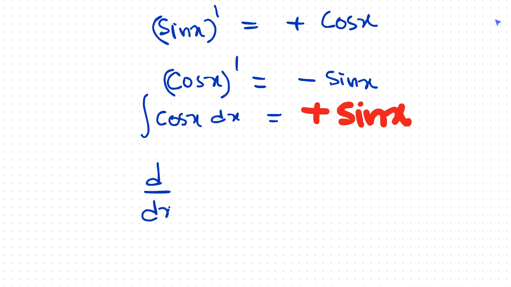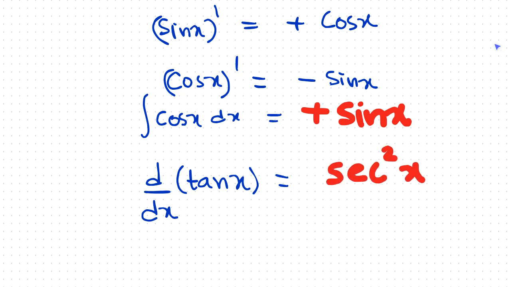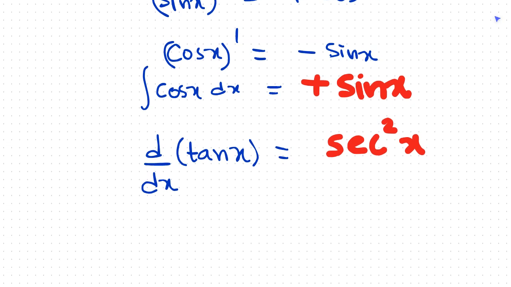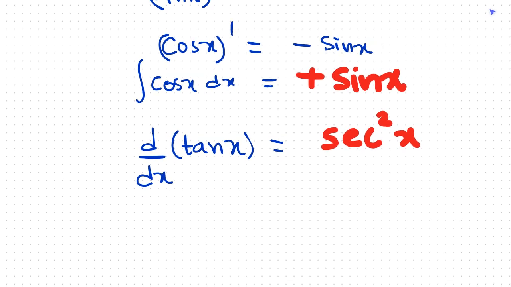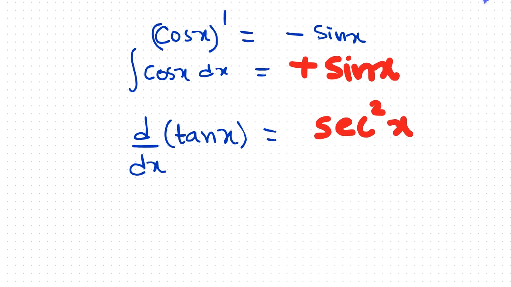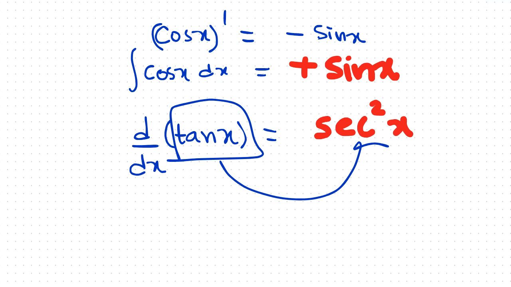What is the differentiation of tan x? It's secant square x. So differentiation and integration are connected. We'll see how. When you take the differentiation of tan x, you'll get secant square x, right?